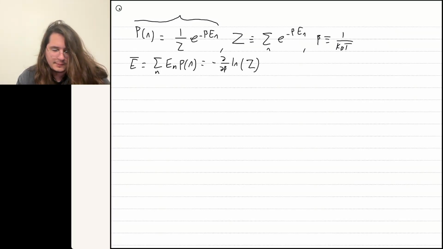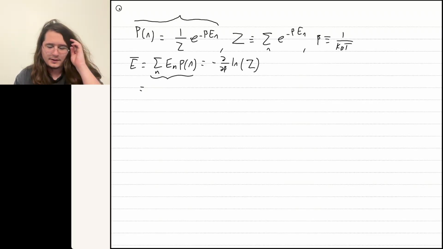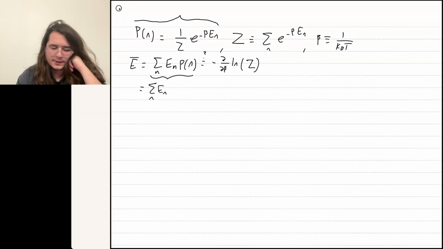So I'm going to expand this thing right here. This we don't know yet, so I'll put a question mark, because the sum on n of E sub n, but then the probability distribution is the Boltzmann equation, so it's 1 over Z e to the minus beta E sub n.